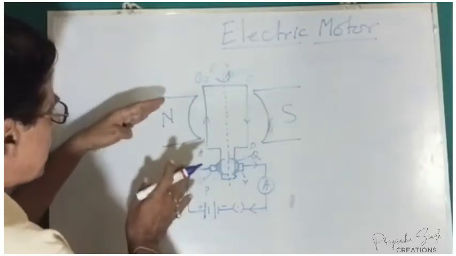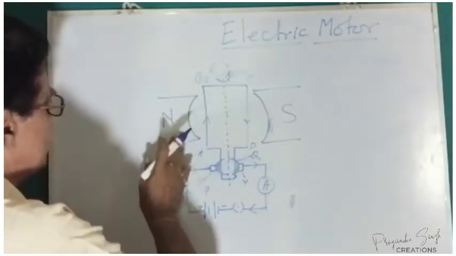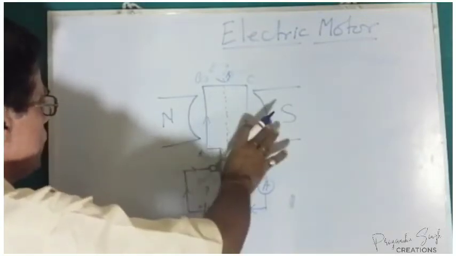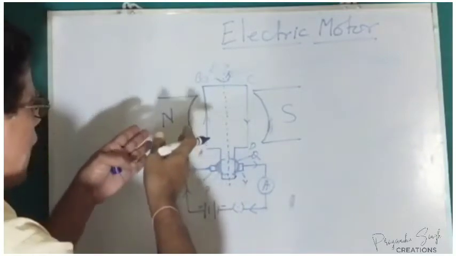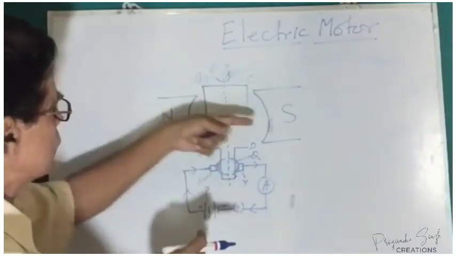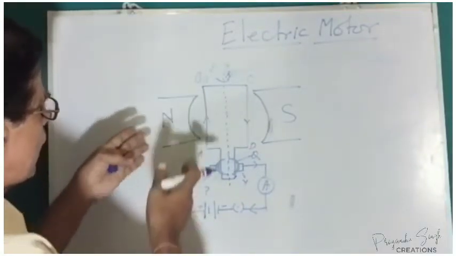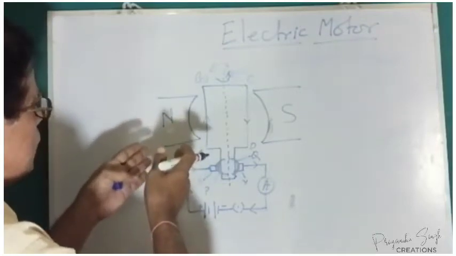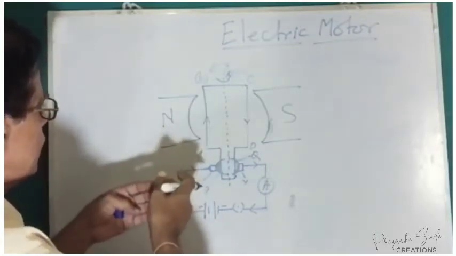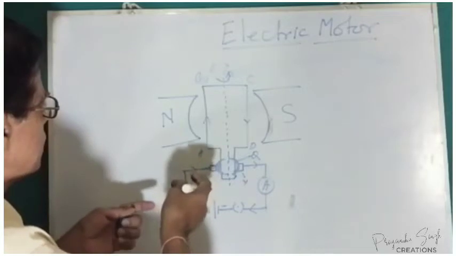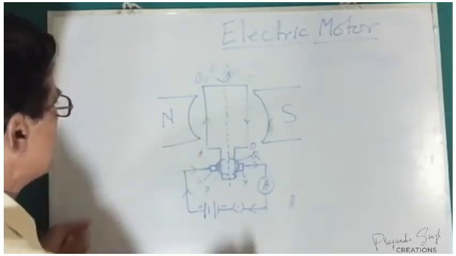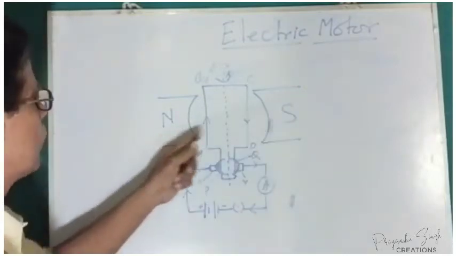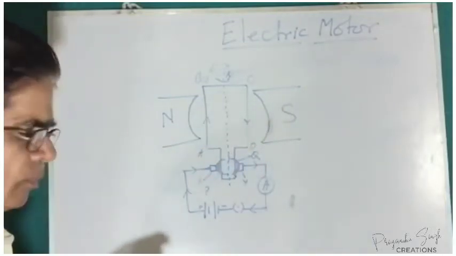The magnetic field is parallel between north pole and south pole, and at right angles to this magnetic field, the rectangular coil is allowed to rotate about the axis after crossing the magnetic field lines extended between north and south pole.